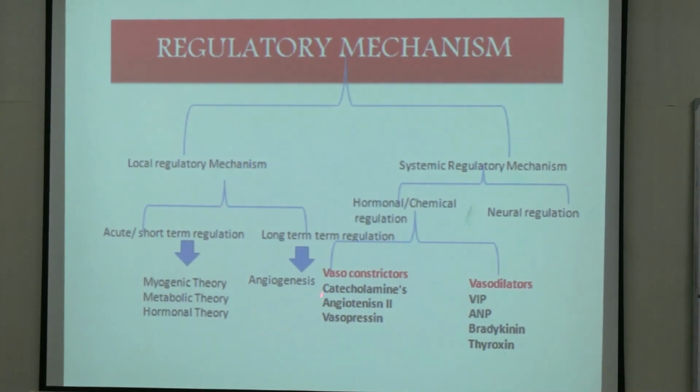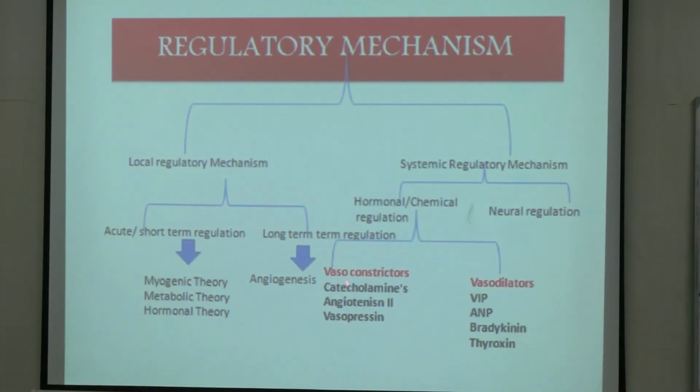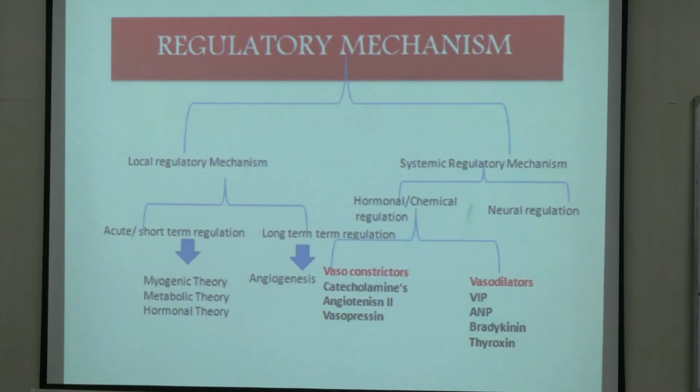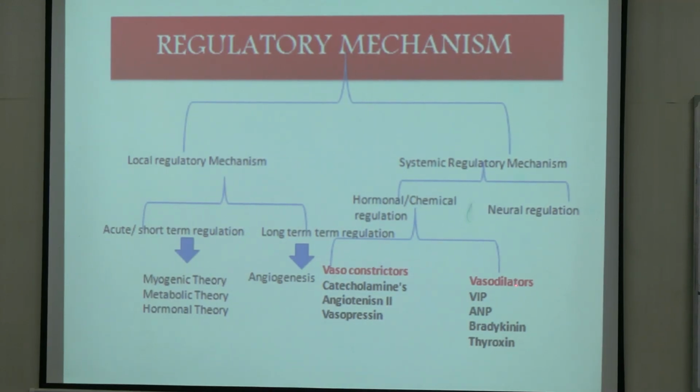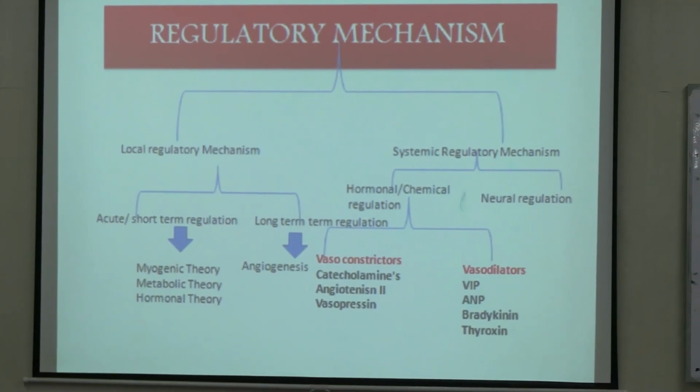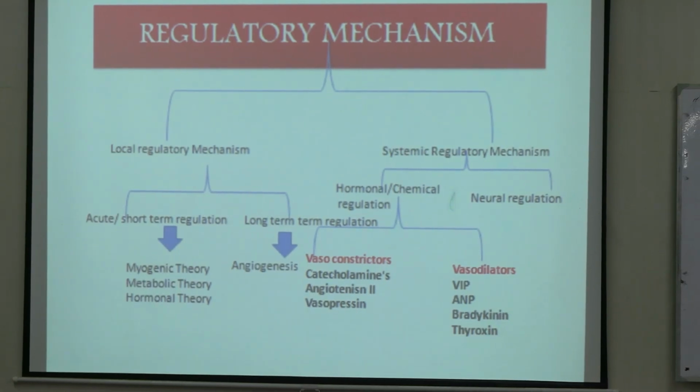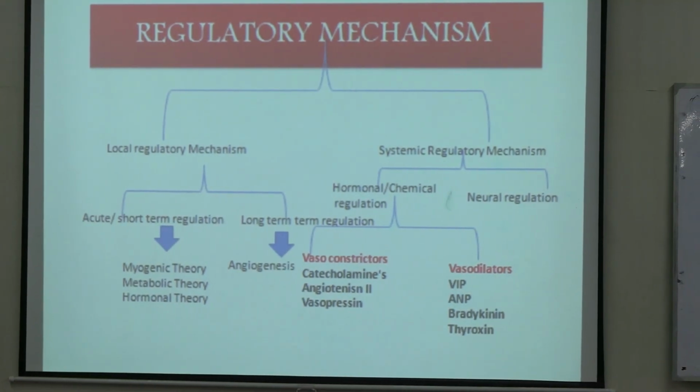Hormonal, there are two types group of hormones. The vasoconstrictors, they will cause vasoconstriction, by that they will increase the blood pressure, and decrease the blood supply locally. And these are the vasodilators. So they will dilate the blood vessels, so more blood supply will be there. So these we will discuss later.